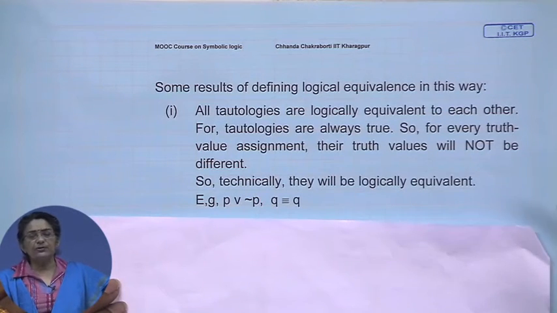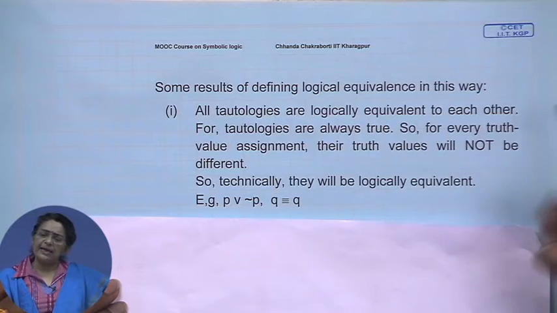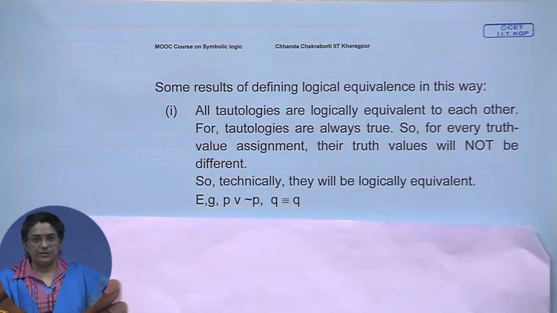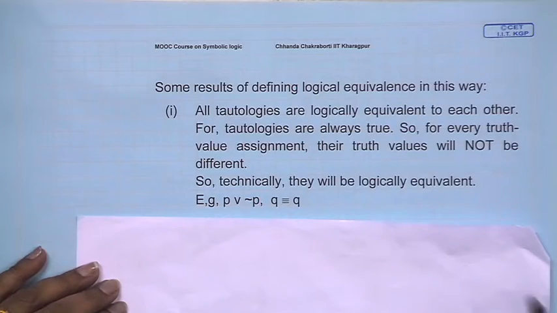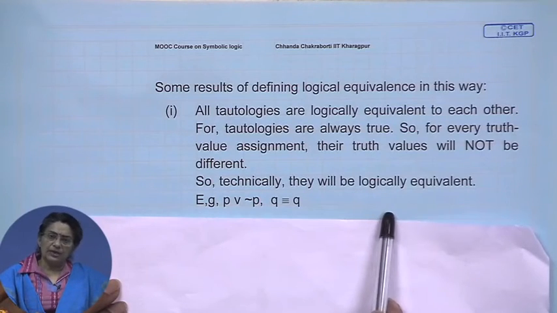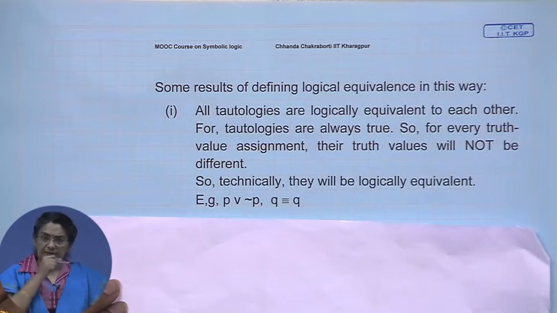So, there is not going to be even a single possibility when they show different truth values. Take any two tautologies of your choice, which work as your P and Q, and there will not be a single situation when they result in different truth values, because tautologies are always true. So, technically speaking, they turn out as logically equivalent.